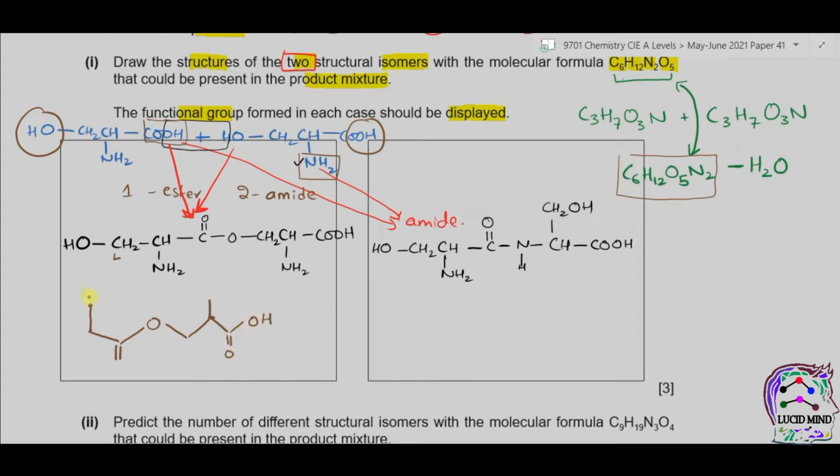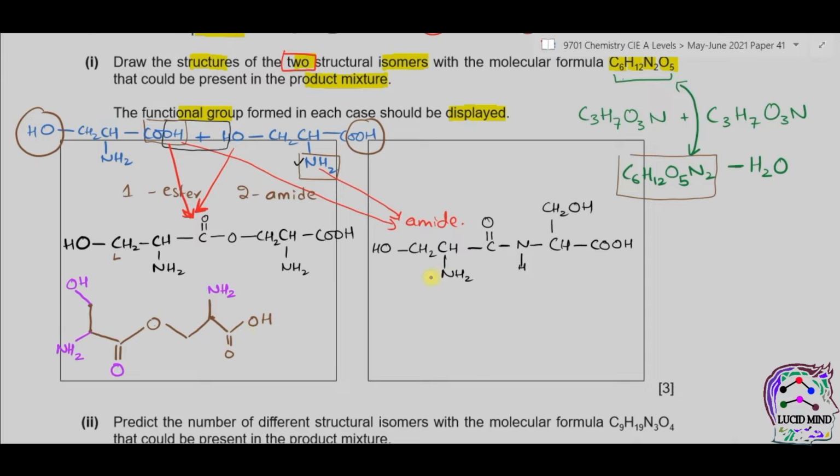With first carbon we have OH group, second carbon we have NH2, with third carbon we have oxygen, with fourth carbon we have two hydrogen atoms, with fifth carbon we have NH2, and rest is similar.